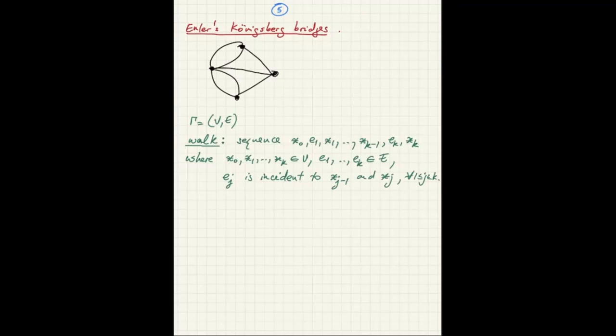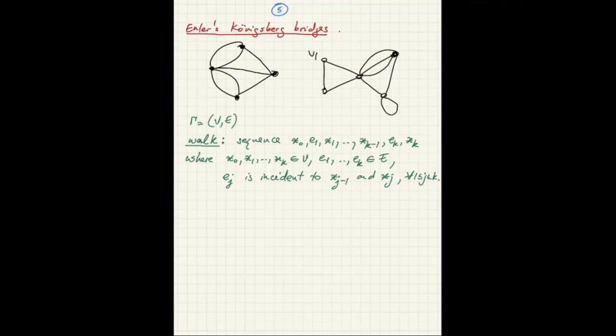So let me draw another graph here, because this would be a bit better for our example. Okay. I want a graph that has a loop as well. Let's put a loop here.